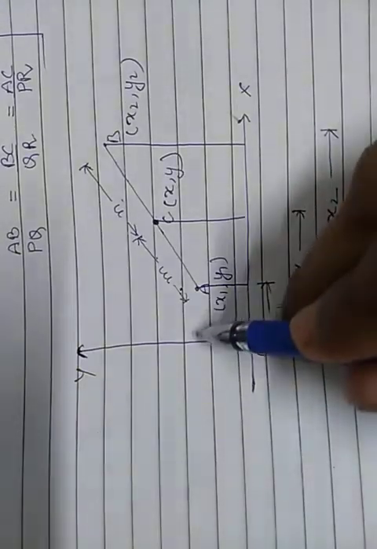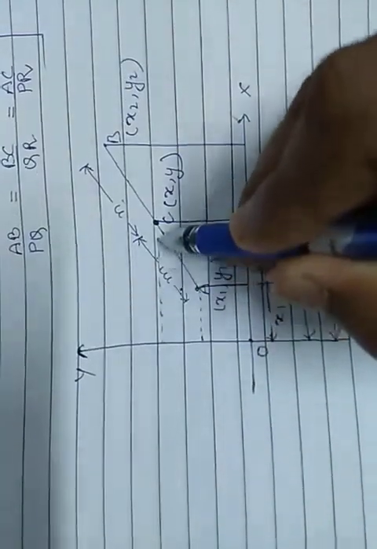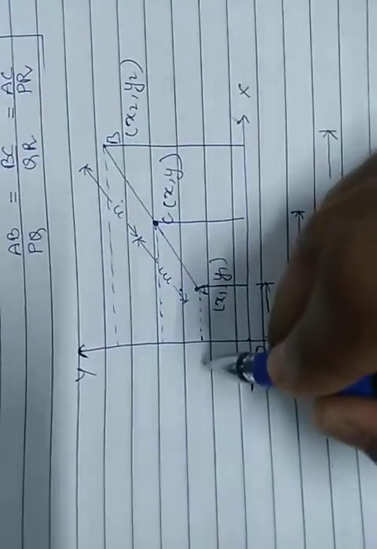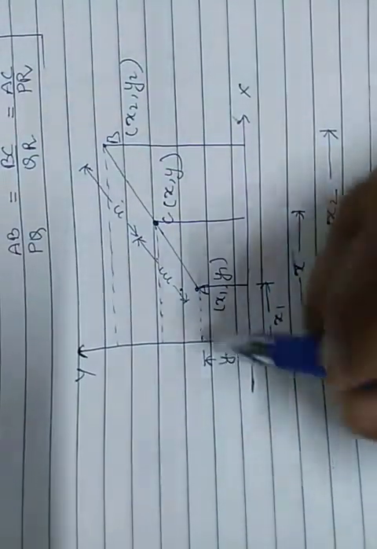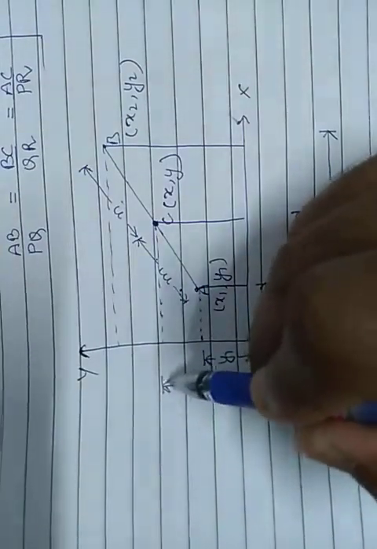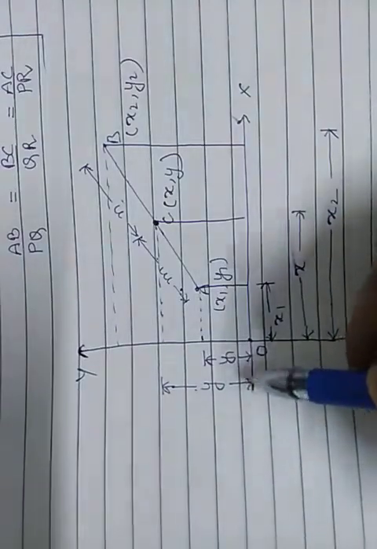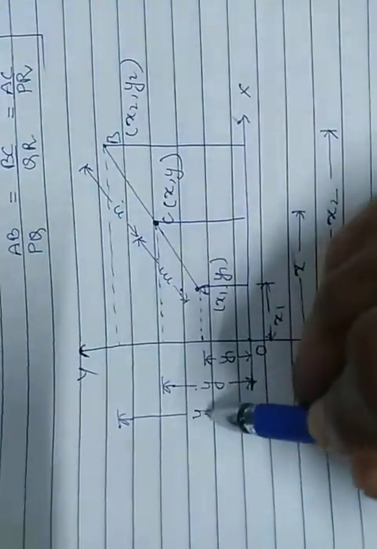Similarly, we will draw perpendiculars from the 3 points to the y-axis, and we know that this height is y1, this height is y, and this height is y2.